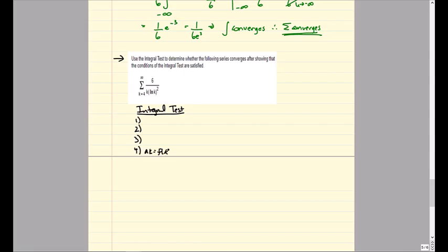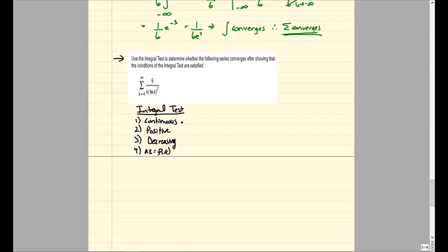That just means that I can rewrite the sequence in terms of an integral. So continuous, positive, and decreasing. Now one of the options is always that the criteria are not met and the integral test doesn't apply.